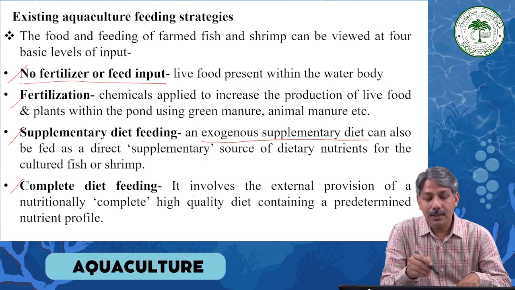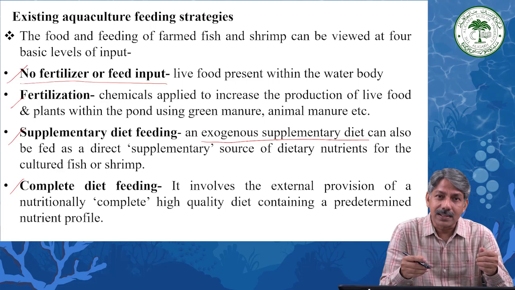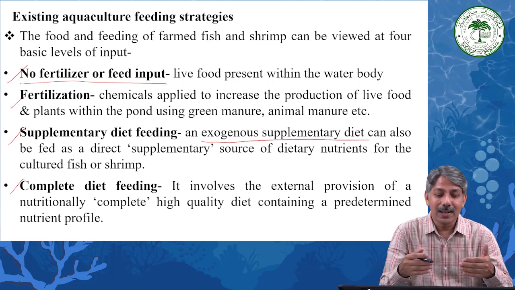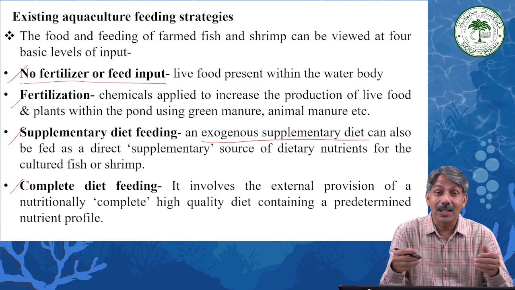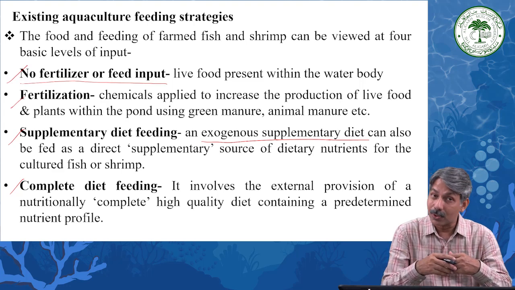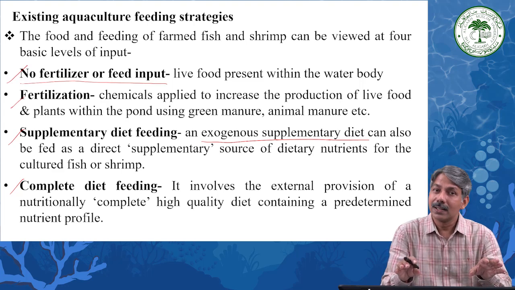I told you that when we go on increasing the stocking density, or in other terms, when you go on intensifying the aquaculture practice, then you cannot depend on natural food supply, because you are putting so many fishes in the pond. You are increasing the stocking density to such a level that there will not be possibility of natural food production.